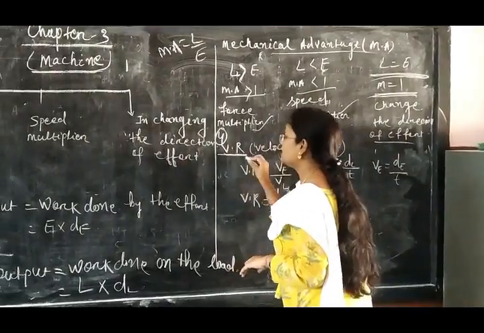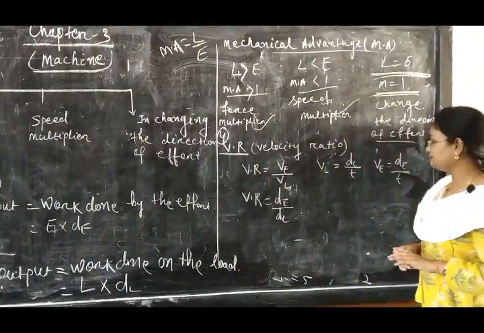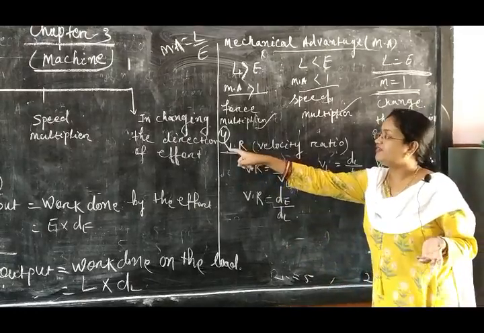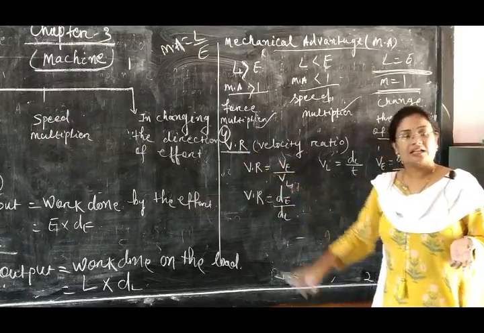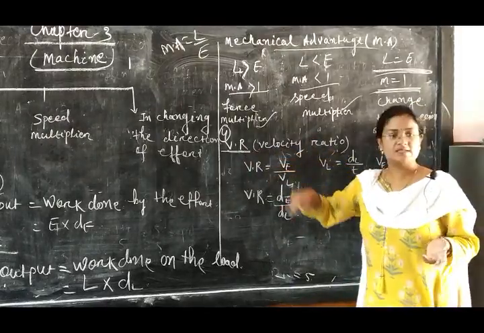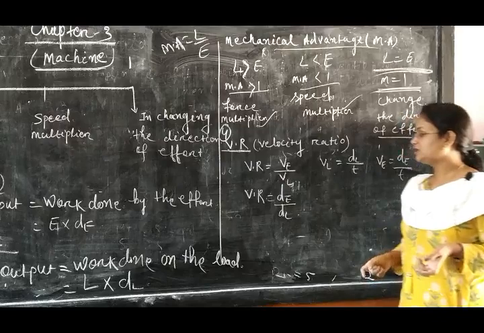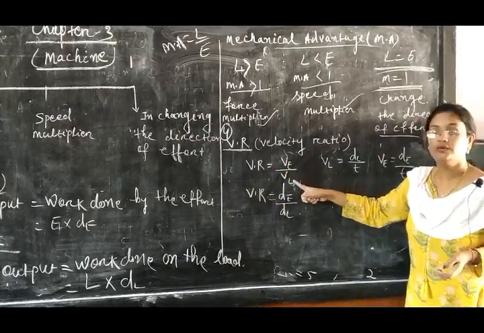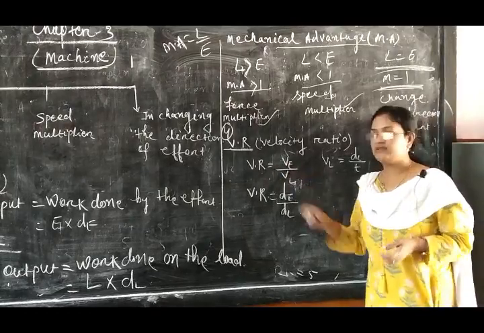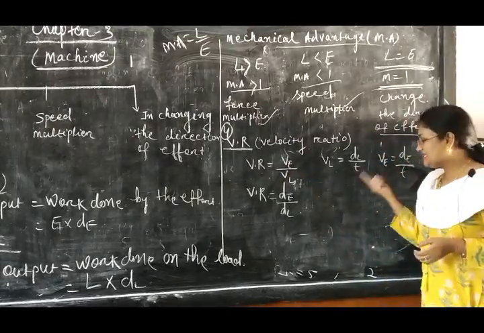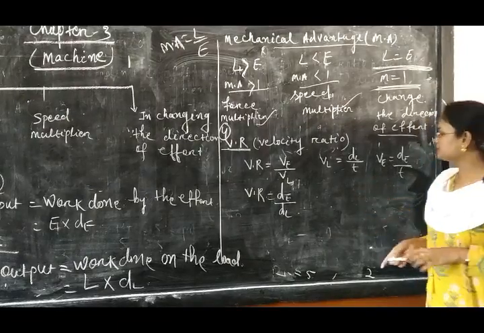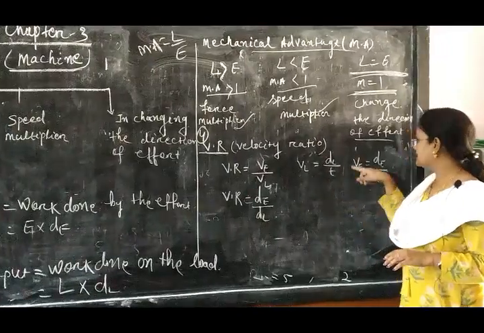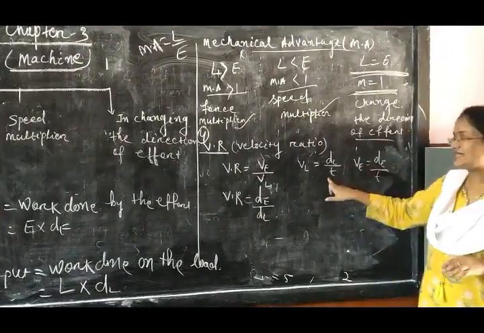Now you see velocity ratio. What is velocity ratio? You can also write V.R., capital V, capital R. Don't write capital V, small r. Velocity ratio is the velocity of effort by velocity of load. Suppose the distance moved by the load and the effort is dl and de in the same time t.